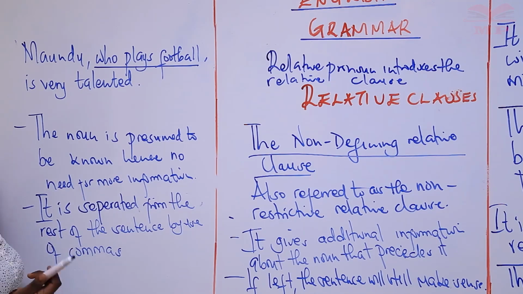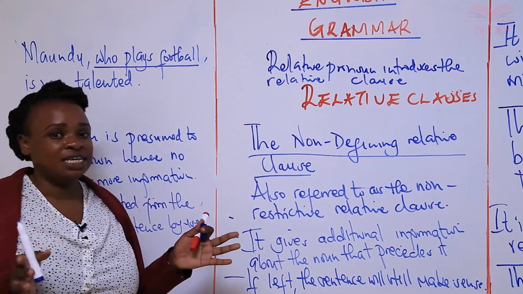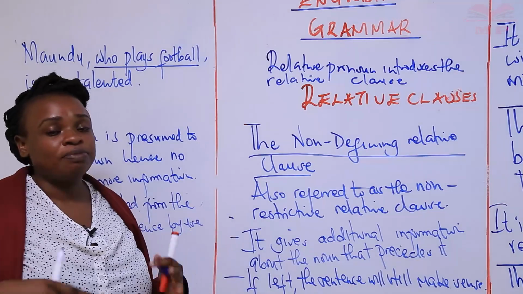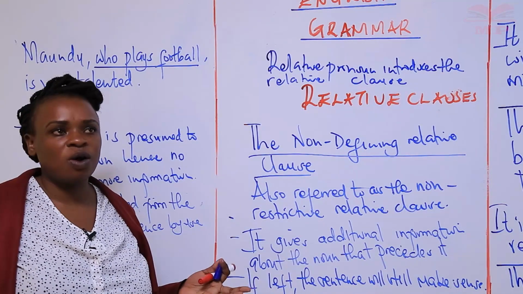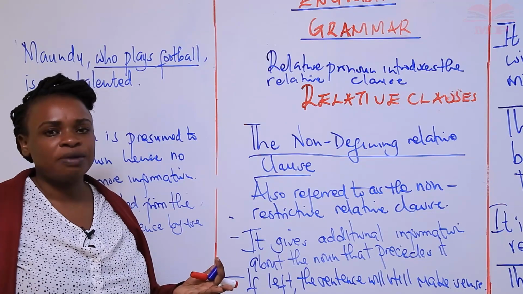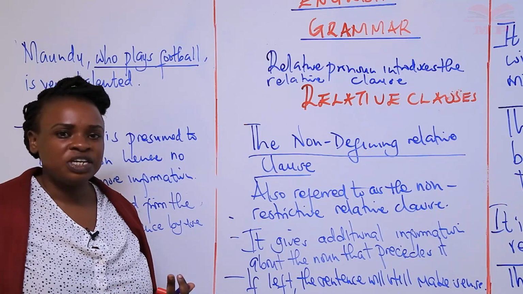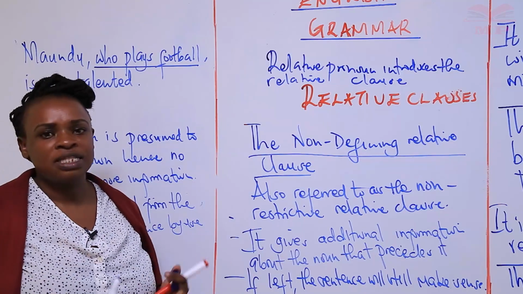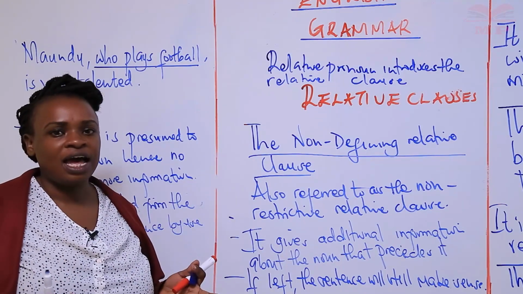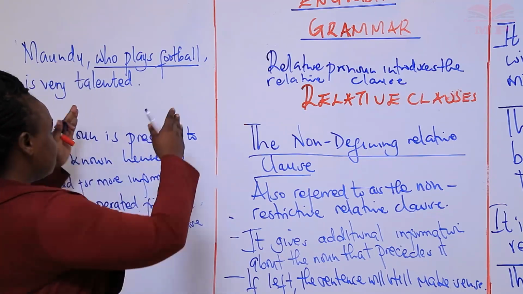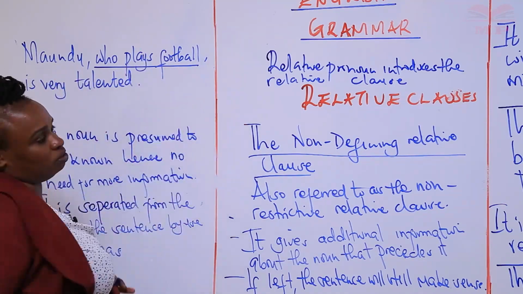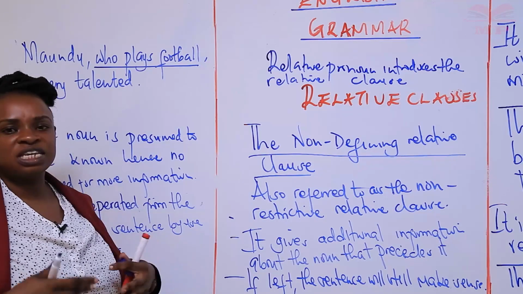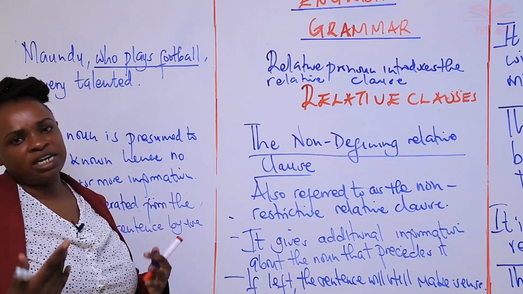Whenever two commas are used, it means that the information between those two commas can be left out, because normally commas are used as brackets. They are called parentheses in punctuation, whereby the dashes, the brackets, and the two commas used together serve the same purpose, because the information can be left out. It can be either there or not. It's optional. You can leave it out or you can leave it there.